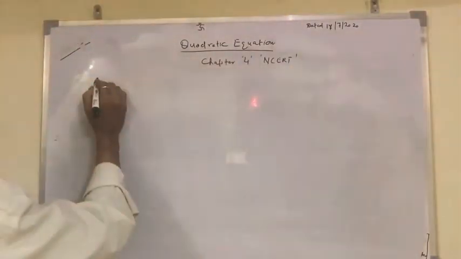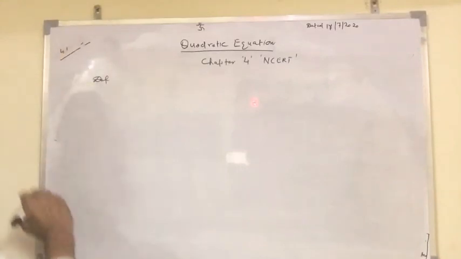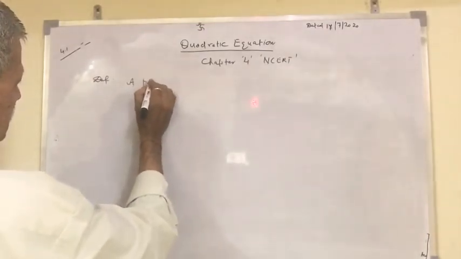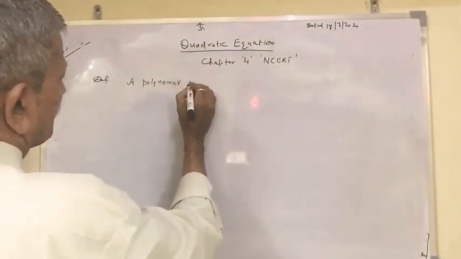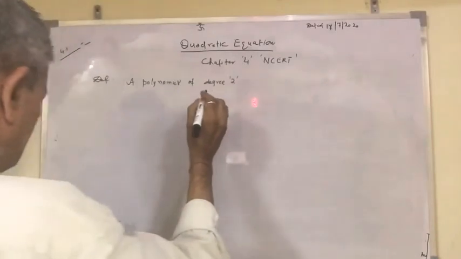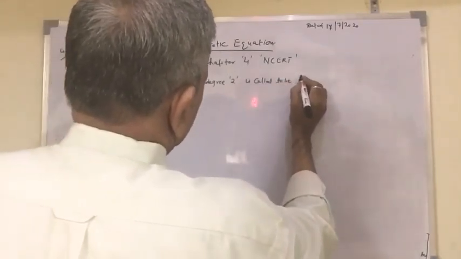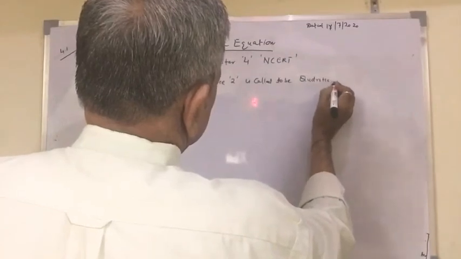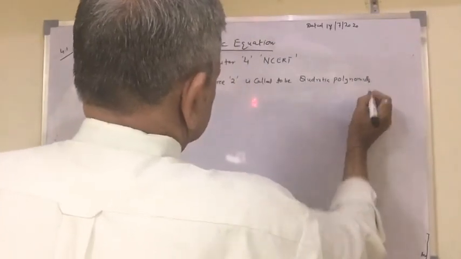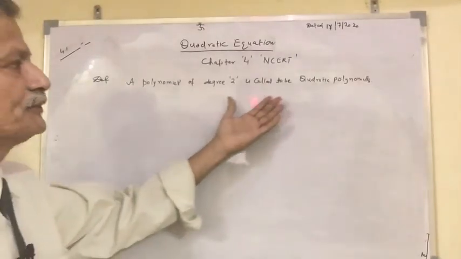So your definition is: a polynomial of degree 2 is called a quadratic polynomial.